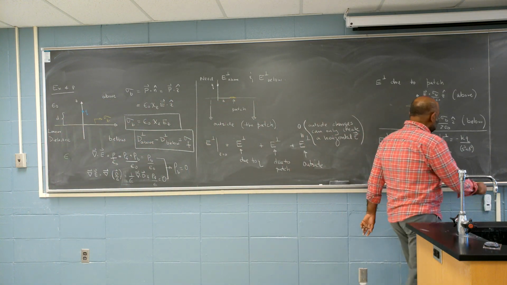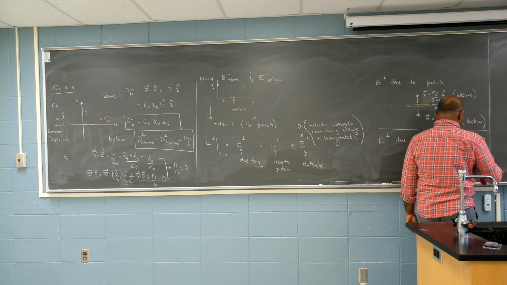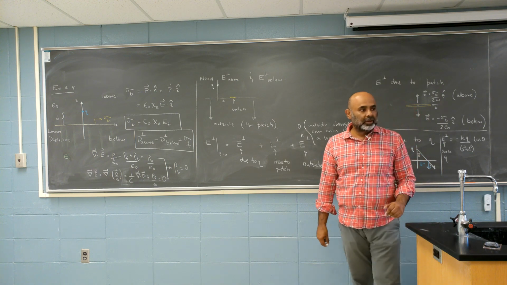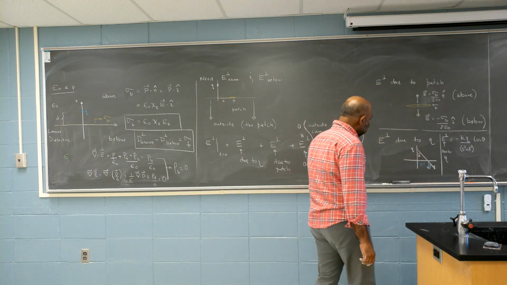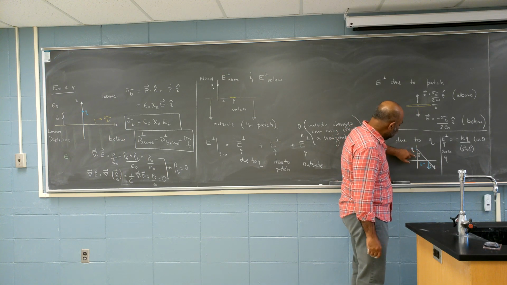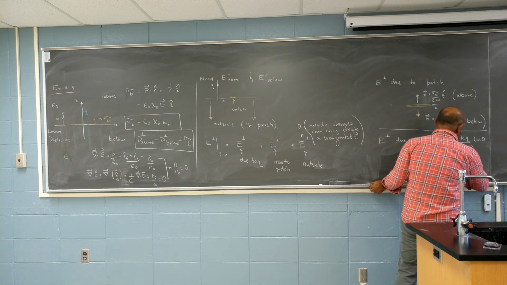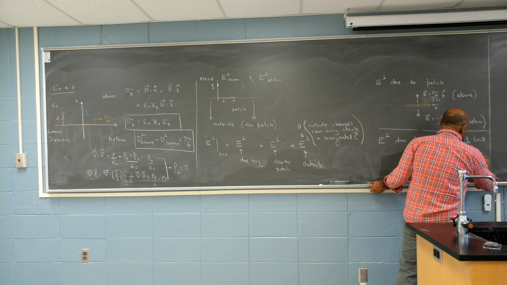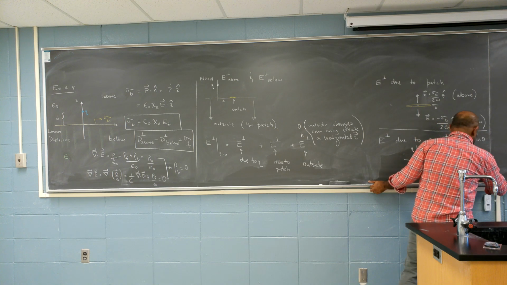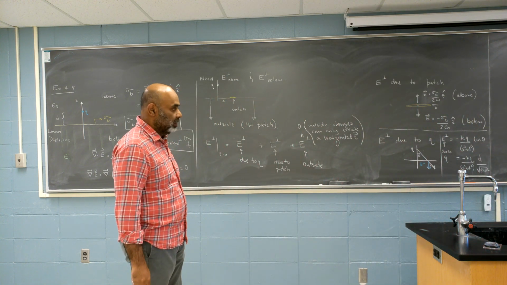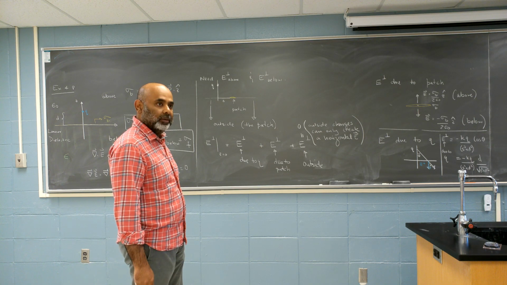But I don't need all of it, I just need cosine theta, the perpendicular component. What is cosine theta? I can look at this. Cosine theta is this over that. So that is minus KQ D over S squared plus D squared times the square root of S squared plus D squared. Are we good?